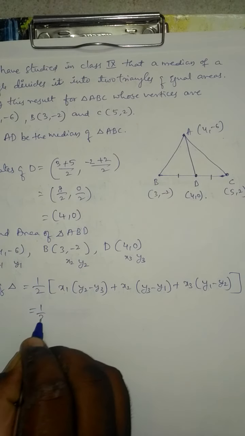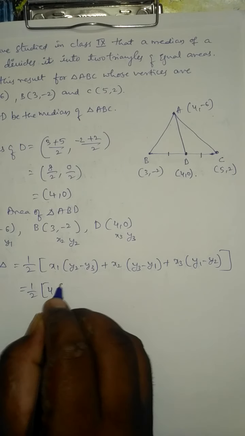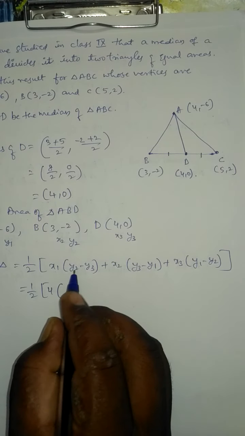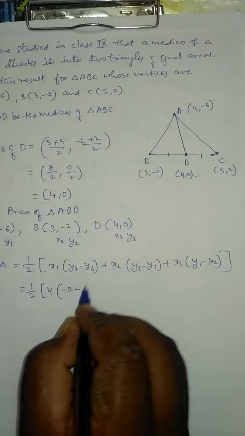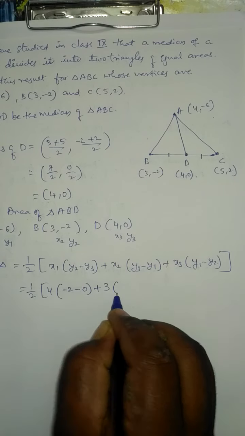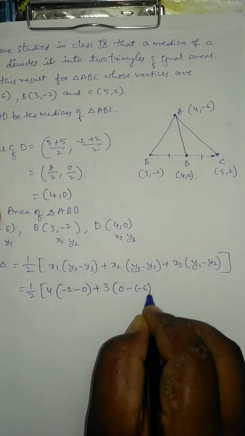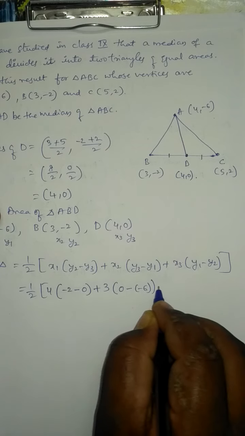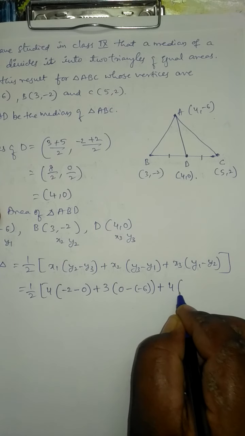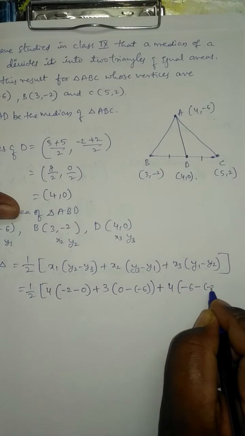See here, this is half into, here x1 is 4, y2 is minus 2 minus y3 which is 0, plus x2 is 3, y3 is 0 minus y1 which is minus 6, plus x3 is 4, y1 is minus 6, y2 is minus 2.